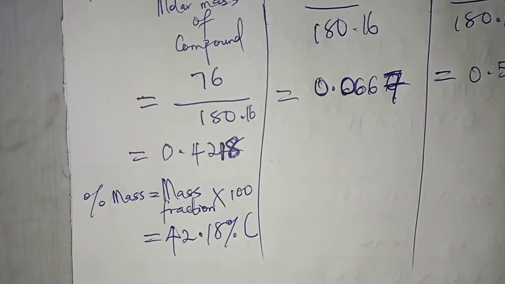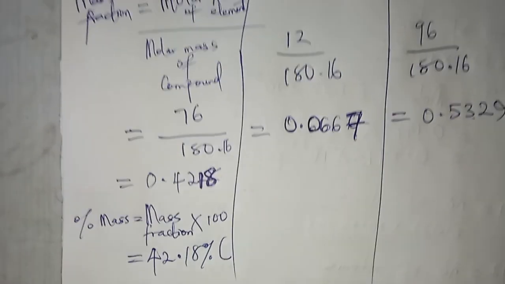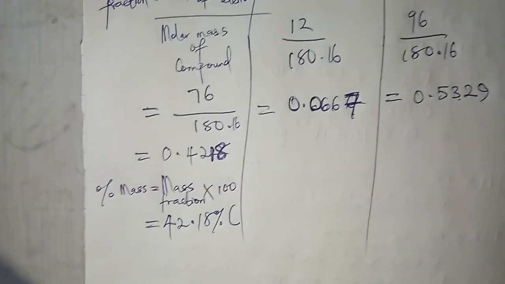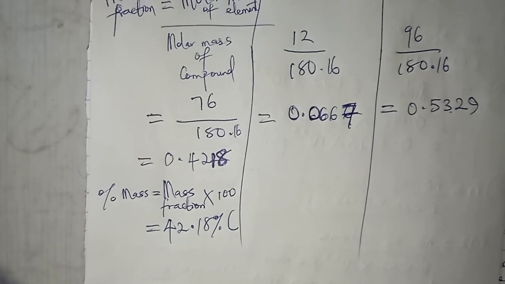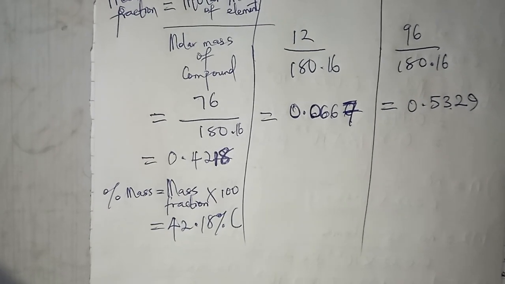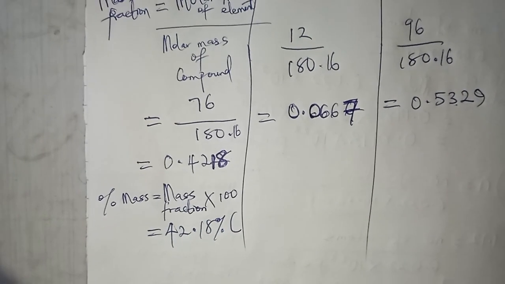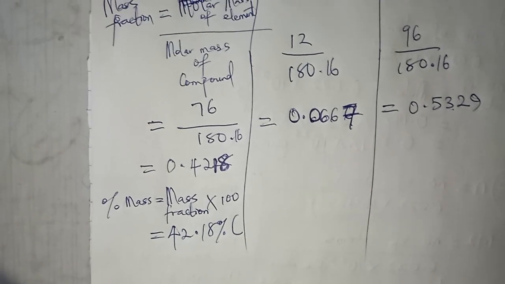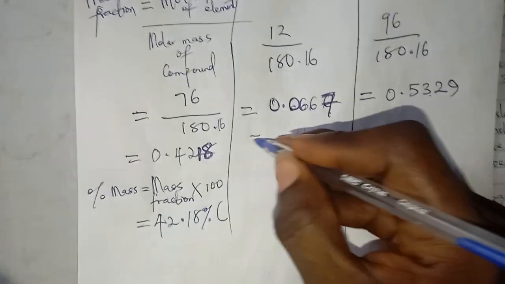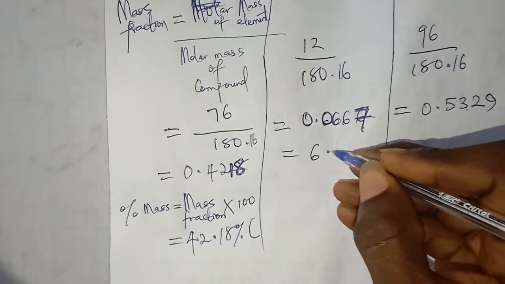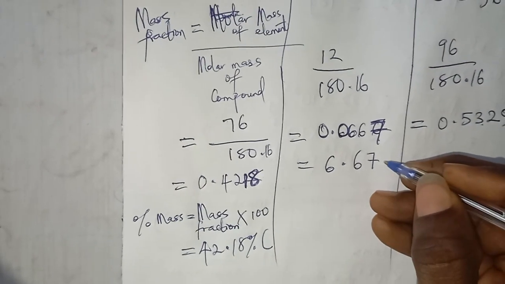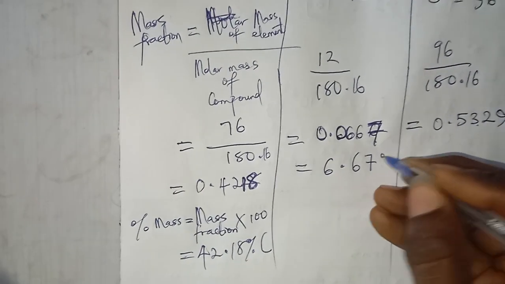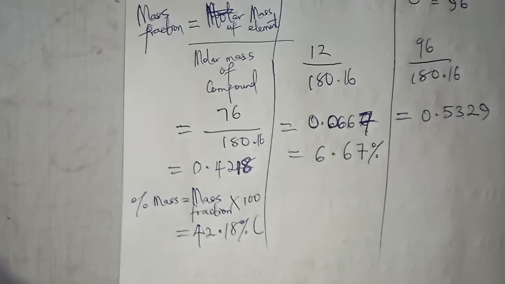Then if I do 0.0667 times 100, I'll get 6.67 percent for hydrogen.